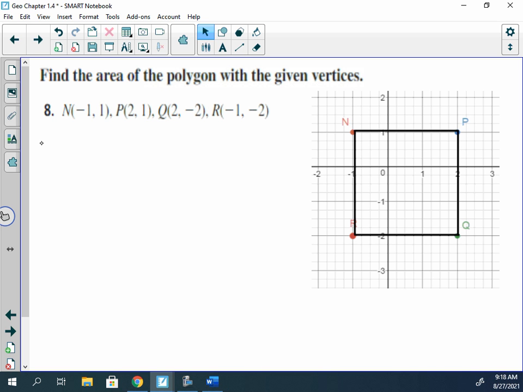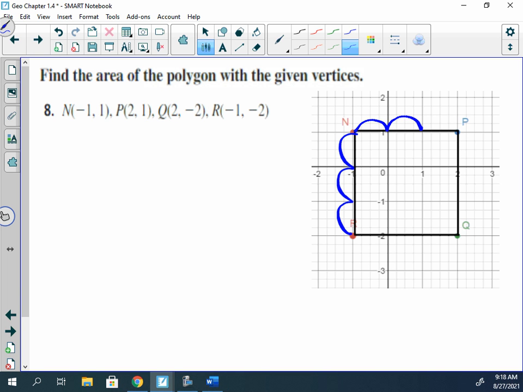So we look at this here. We have a square or a rectangle. And we went on and plotted the points: negative 1, 1; 2, 1; 2, negative 2; and negative 1, negative 2. Now because all the sides are on straight lines, we can count the distance. 1, 2, 3. 1, 2, 3.